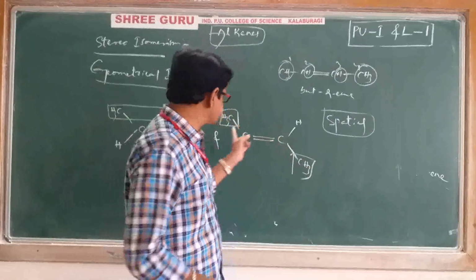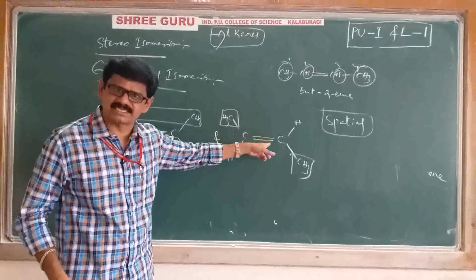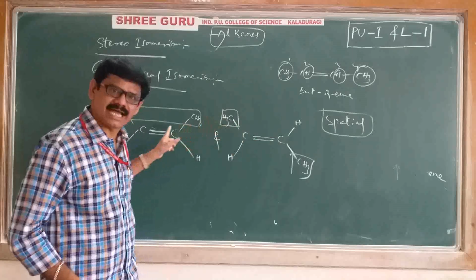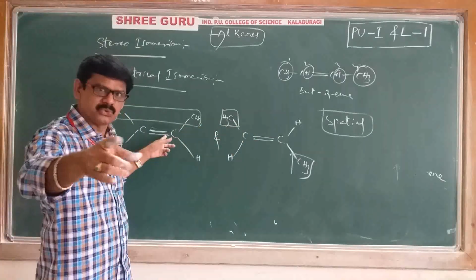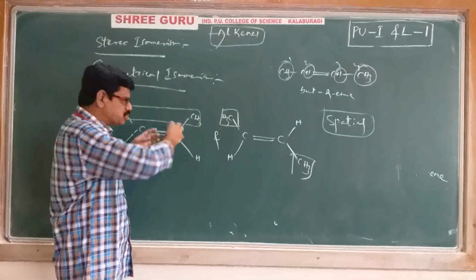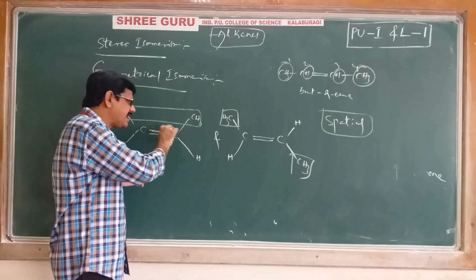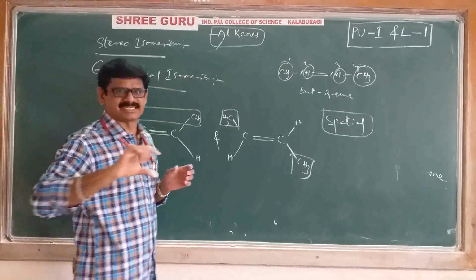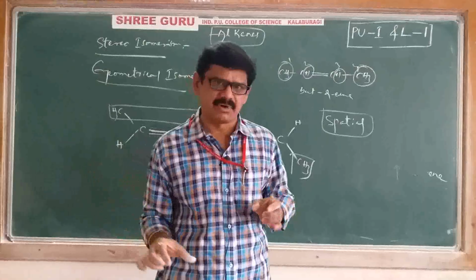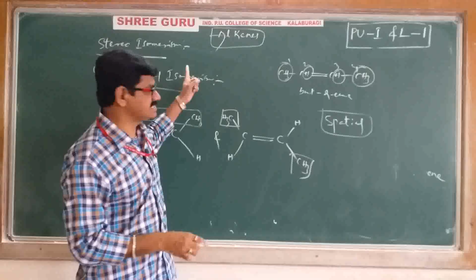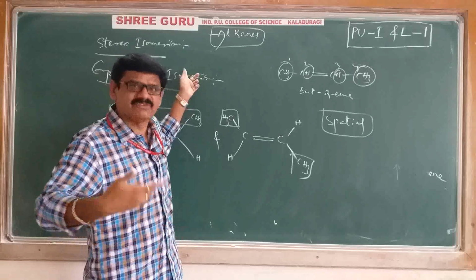That's why this structure cannot convert into that structure, and that structure is not possible to convert into this structure, due to restricted rotation across the double bond. Due to restricted rotation across the double bond, this phenomenon is called geometrical isomerism. Let's define now.